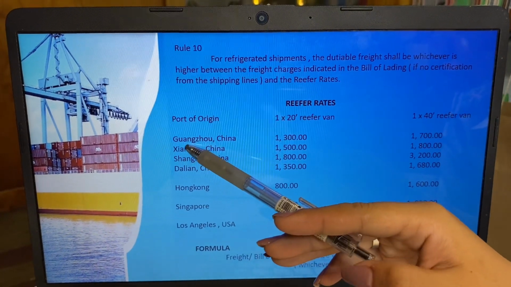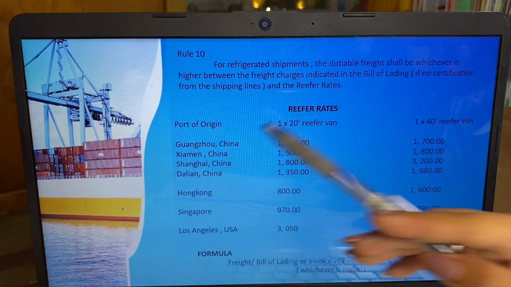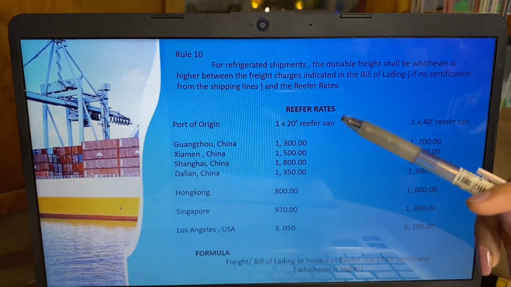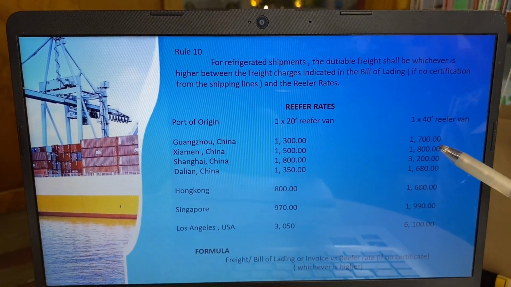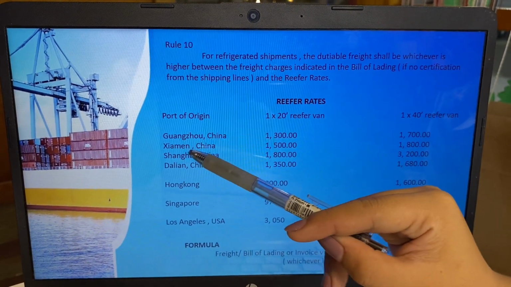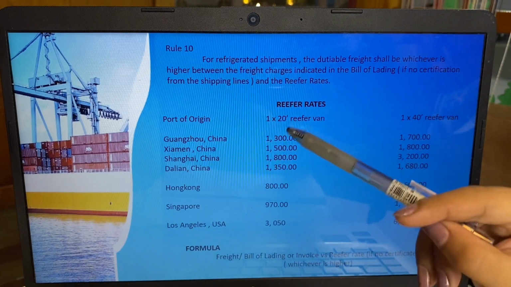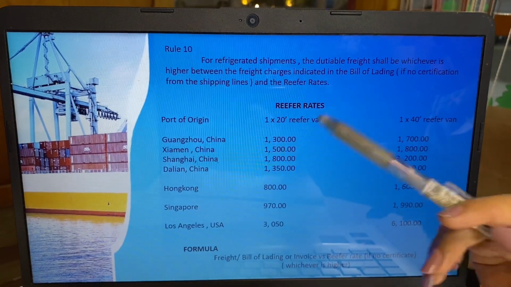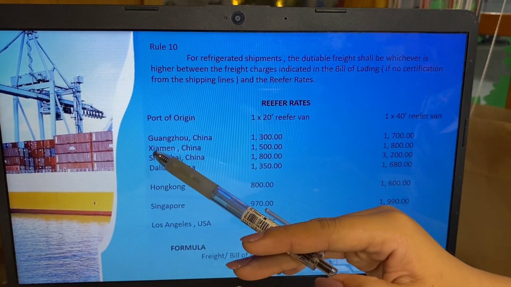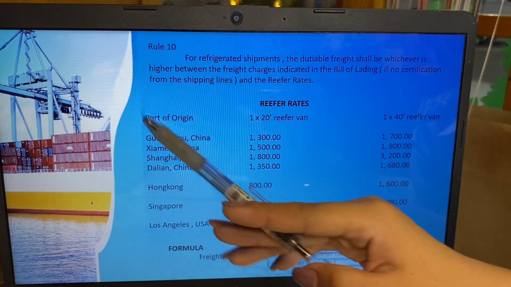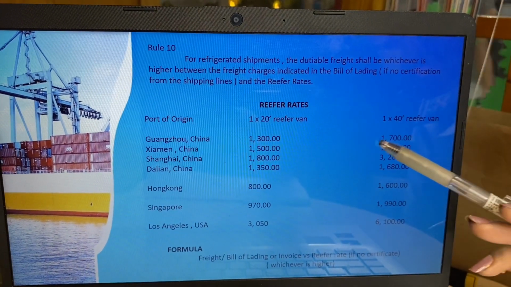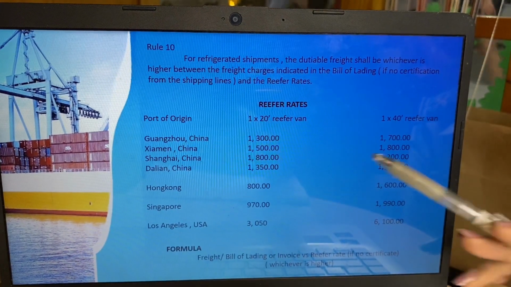If the port of origin is Guangzhou, China, but you use a 40-footer van, then you would have a reefer rate of 1,700. If your port of origin is Xiamen, China, and you're using a 20-footer van, then your reefer rate would be 1,500. If you're from Xiamen and using a 40-footer van, then your reefer rate is 1,800.